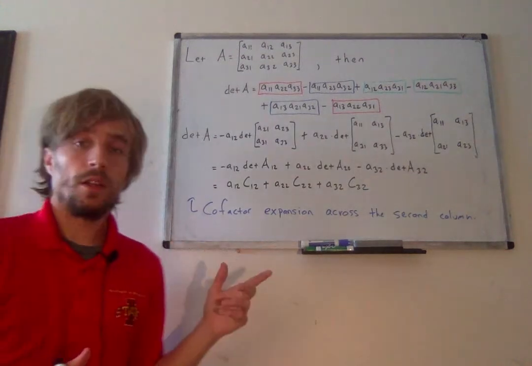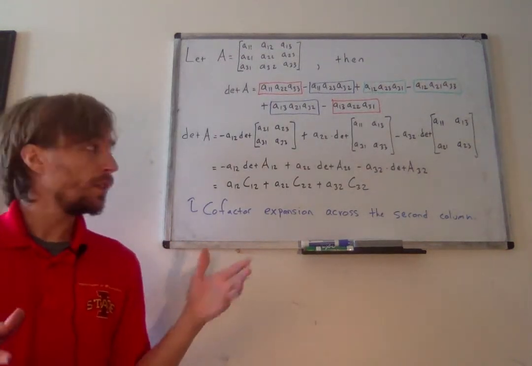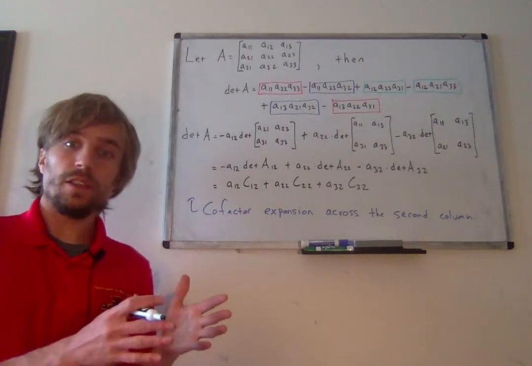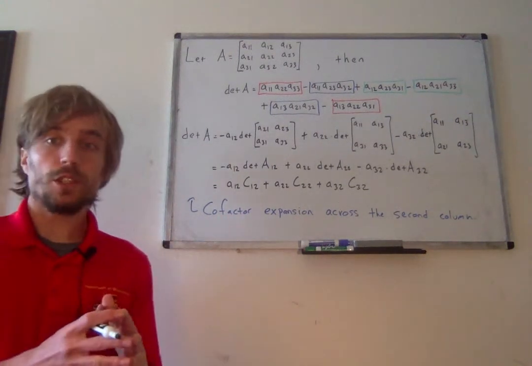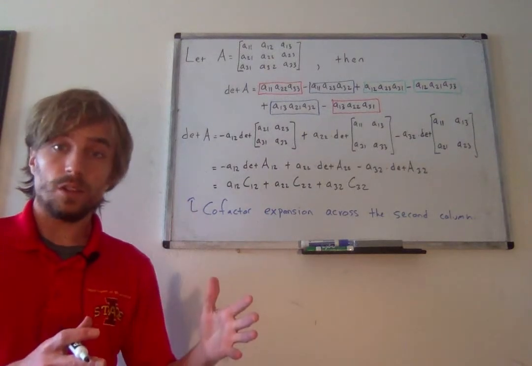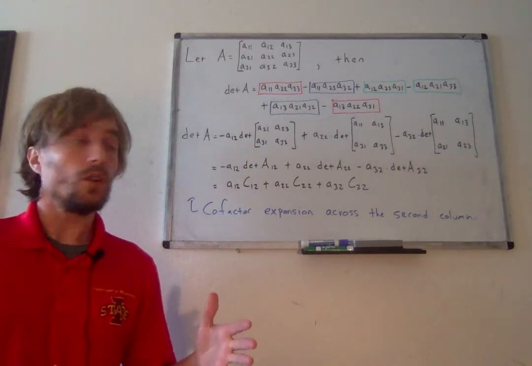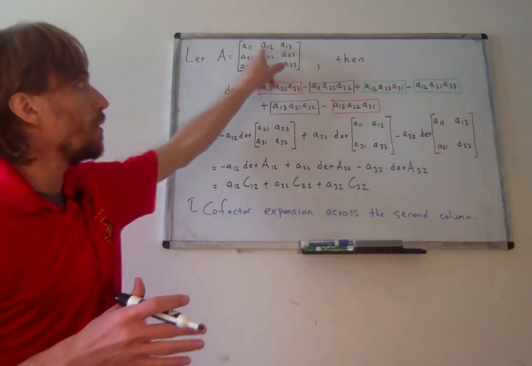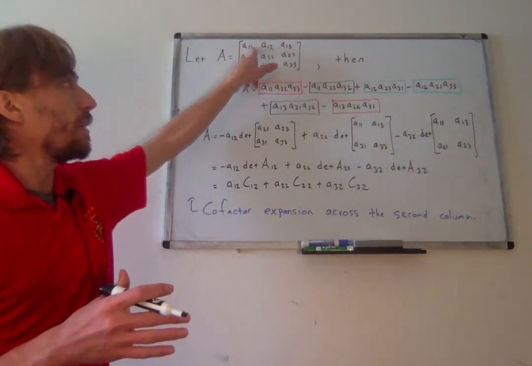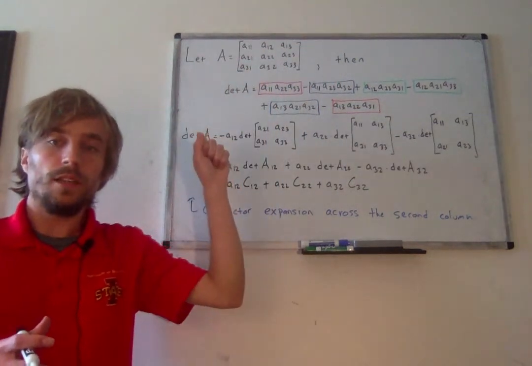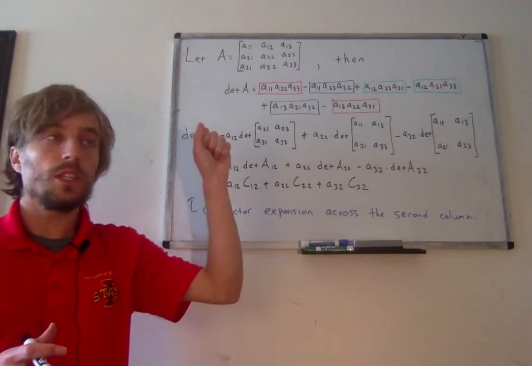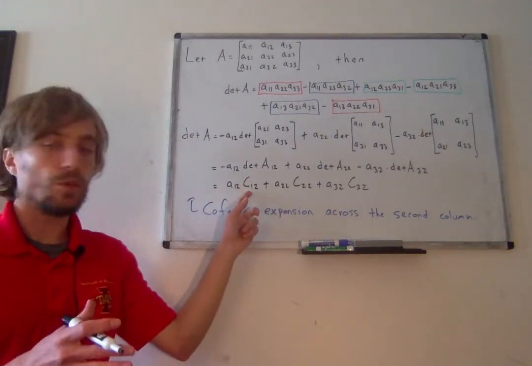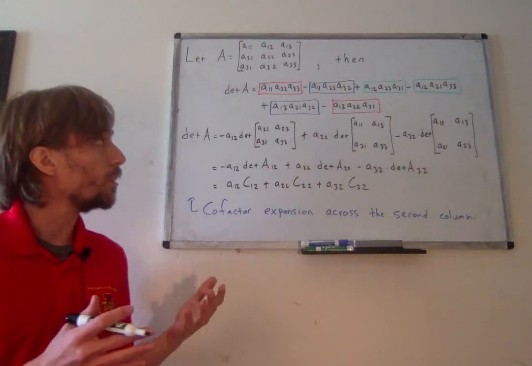But it turns out that for any size matrix, this type of thing works. That is, I can calculate the determinant by doing cofactor expansion across any single column or any single row. I do it much like I did with the first row technique, where I pull out that element in the first row or column, whichever one I choose, multiply by the determinant of the corresponding submatrix, or if you prefer, multiply by the corresponding cofactor.